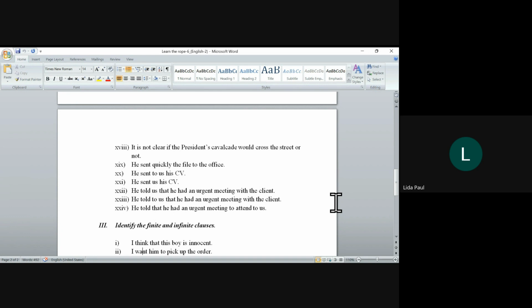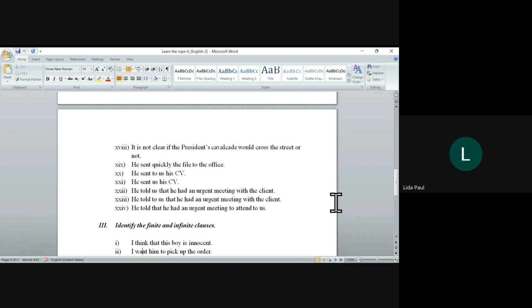But in case it follows, then you're going to write what? He sent his CV to us. Here you're putting the direct object first, right? Then the indirect object follows. In that case, you will have to add to, or in some cases for. I bought a book for my friend. But if you're going to push the indirect object first, I bought my friend a book, correct.